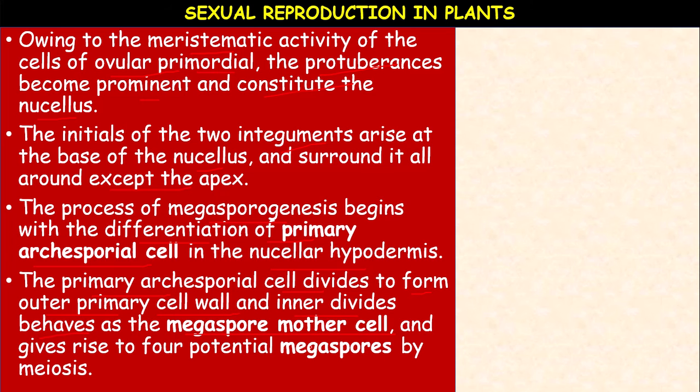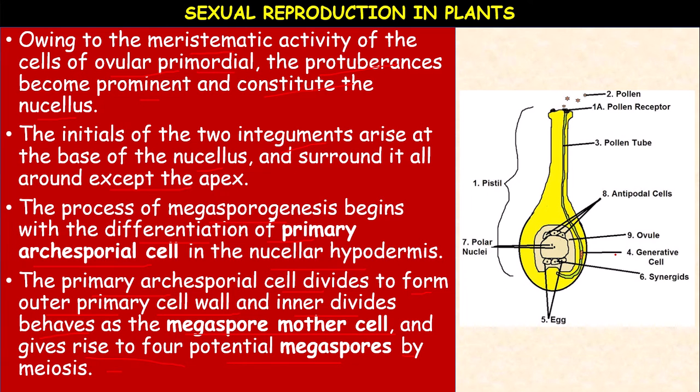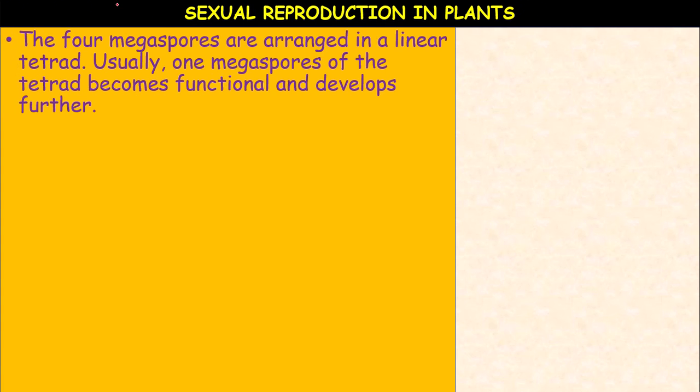Once again, MMC. Earlier it was the microspore mother cell, here we are calling it the megaspore mother cell, and it gives rise to 4 potential megaspores by meiosis. Therefore microspores there, 4 megaspores here. The 4 megaspores are arranged in a linear tetrad.